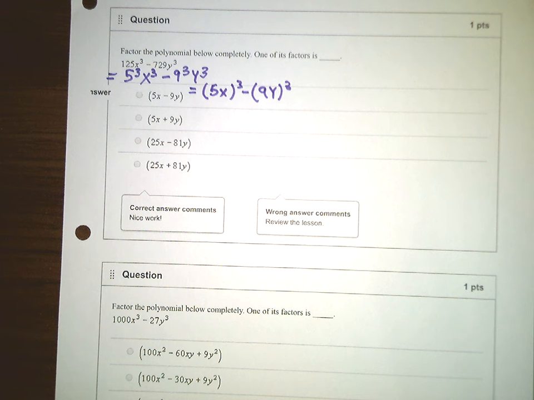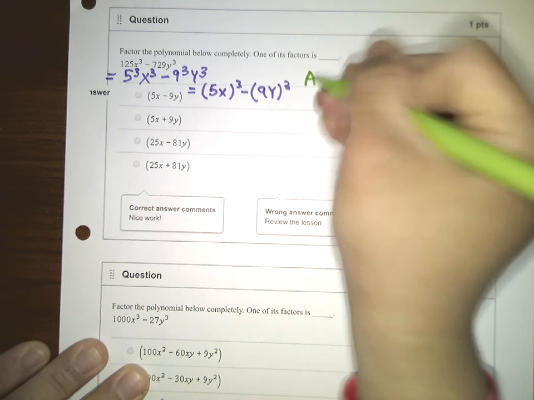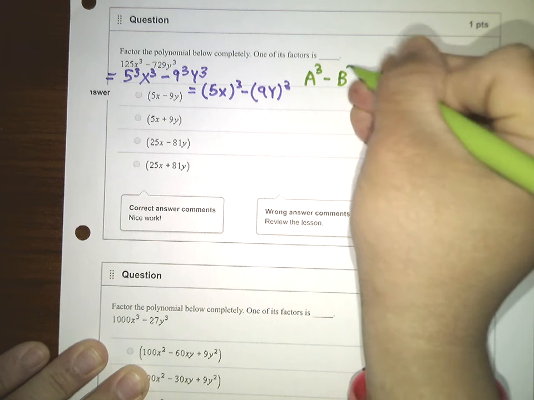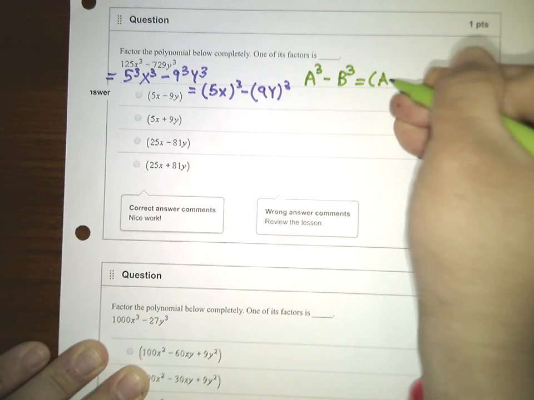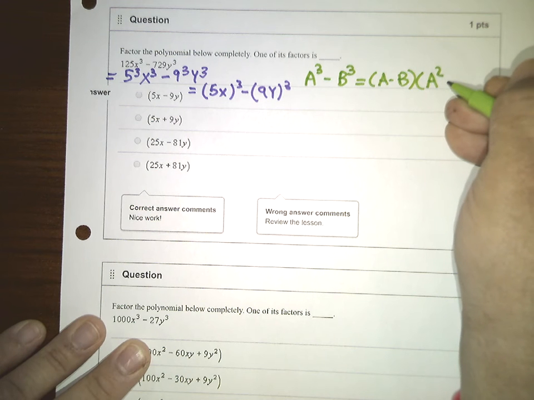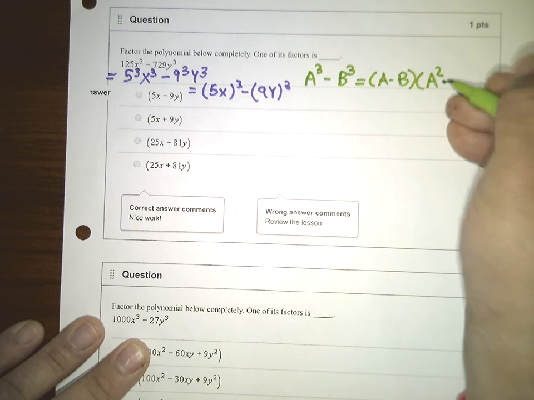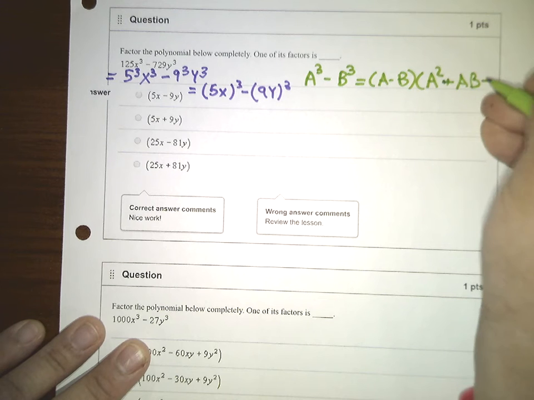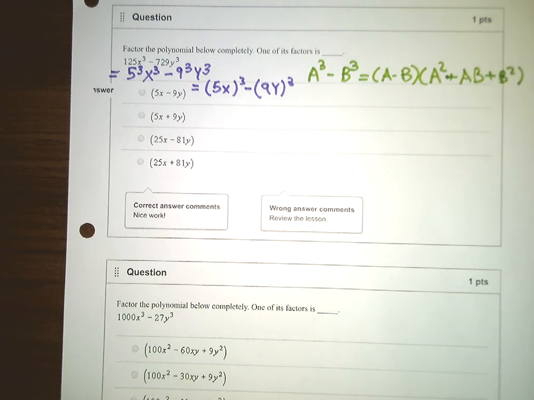All right, so now what will this be? We have a cubed minus b cubed is a minus b times a squared plus ab plus b squared. So here we go.